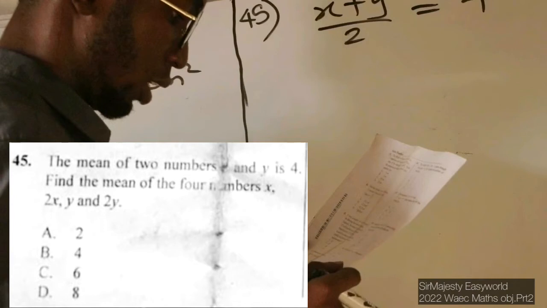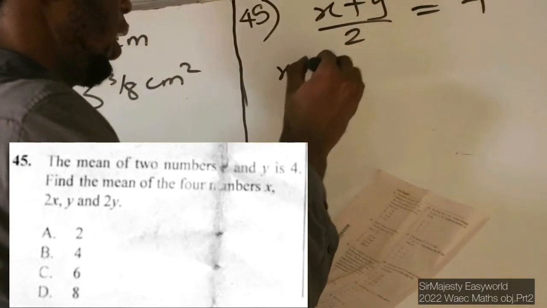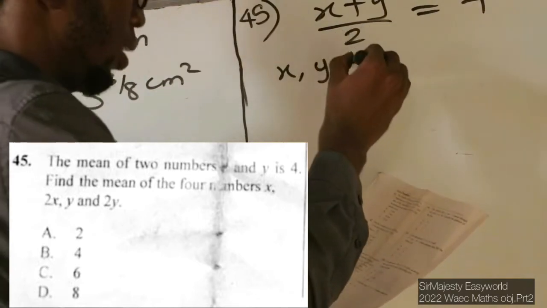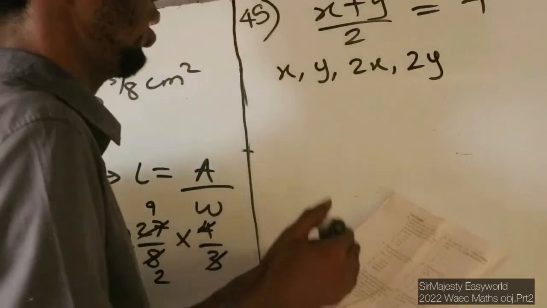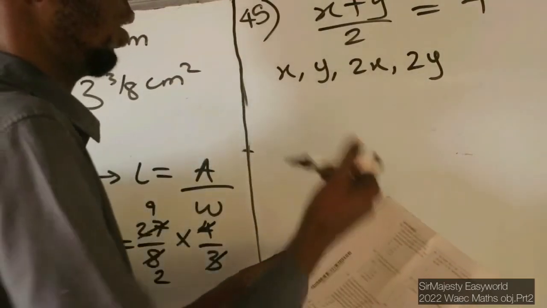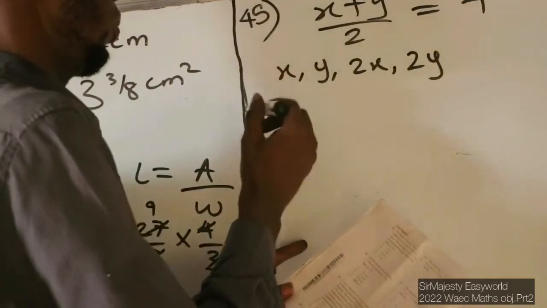And then the next part says, find the mean of the four numbers x, y, 2x, and 2y.